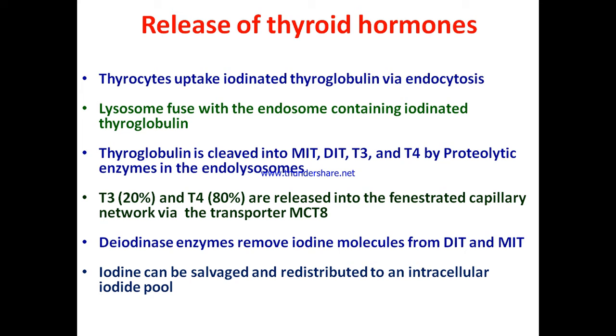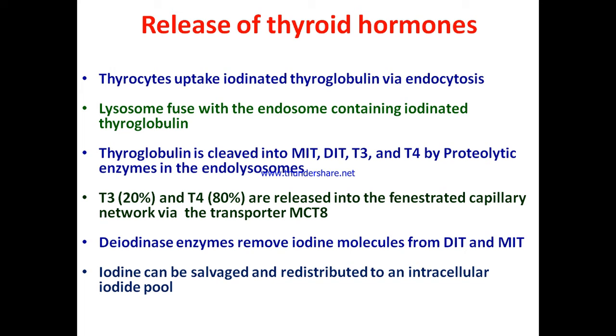T3 is around 20% and T4 is about 80%, and they are released into the fenestrated capillary networks via the transporter MCT8. So these two hormones are released into the capillary network.